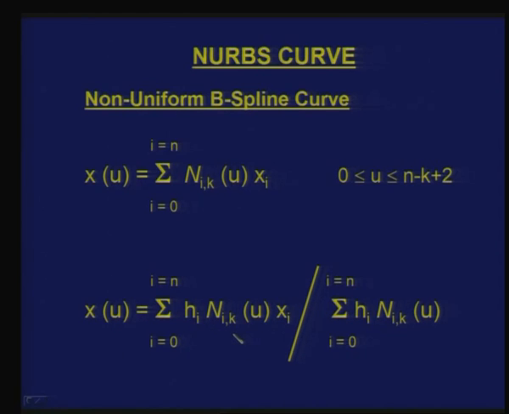If I compare this expression with this, I have the same N_i,k basis function used here too. The same points are also used. You are actually multiplying with another scalar value, a number. So, how many h values are there? As many as control points.